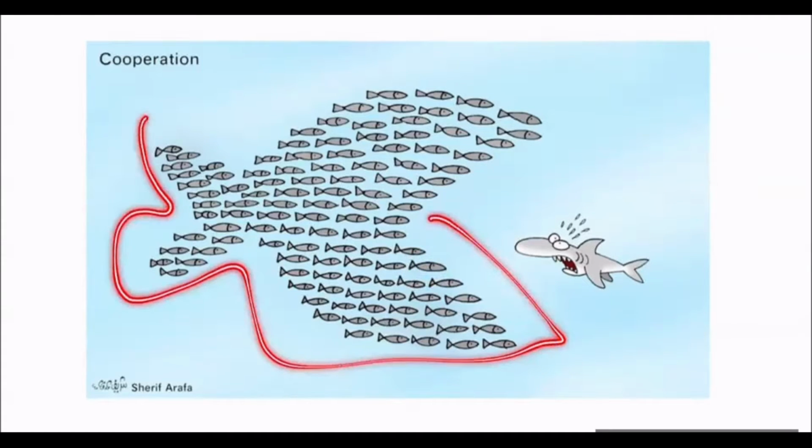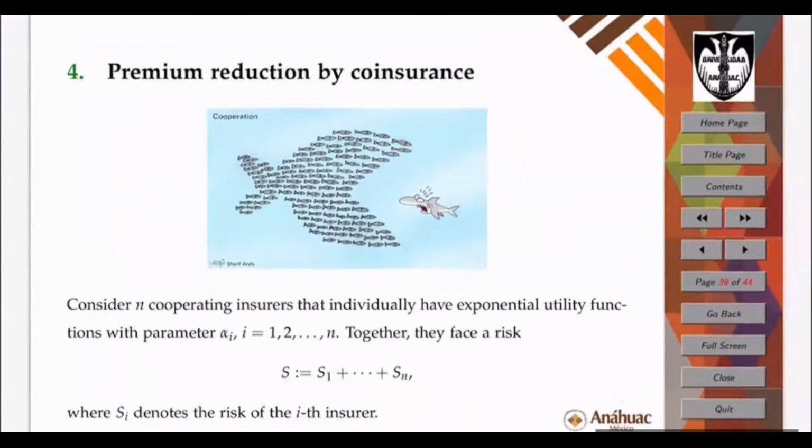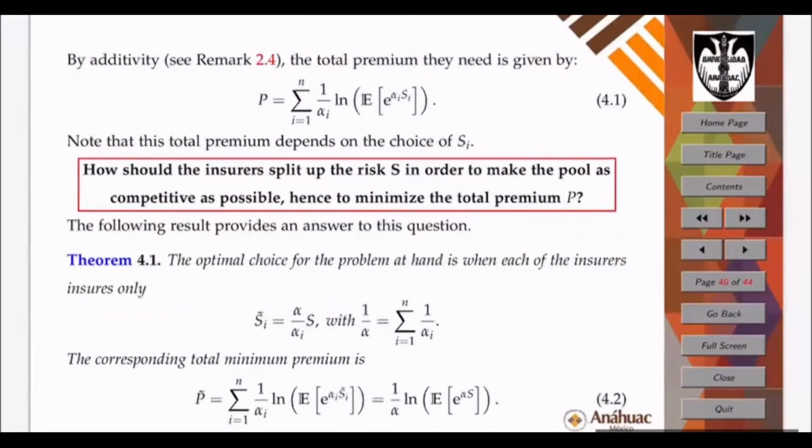However, all of them together represent an even bigger shark. So this S_i here denotes the risk that the i-th insurer is facing by itself. Now we readily know that should you have an exponential utility function, then additivity applies. So the total premium that all these companies need is given by this sum here.